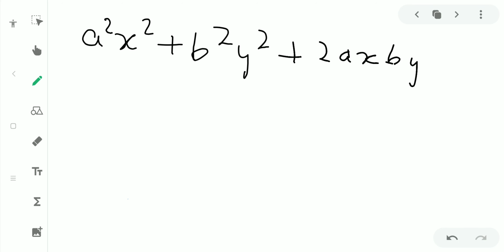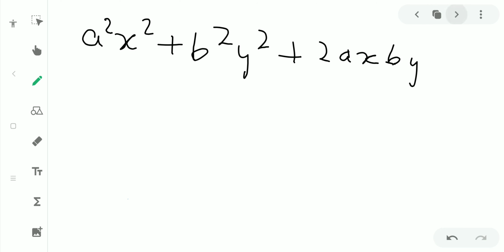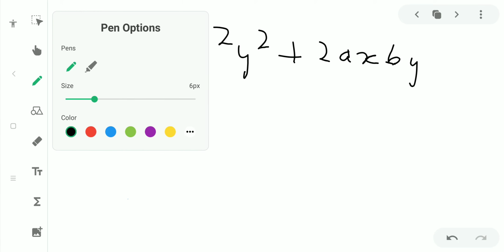So this will be the first expression, expanded form, and the second one is plus. So let me keep brackets for this.